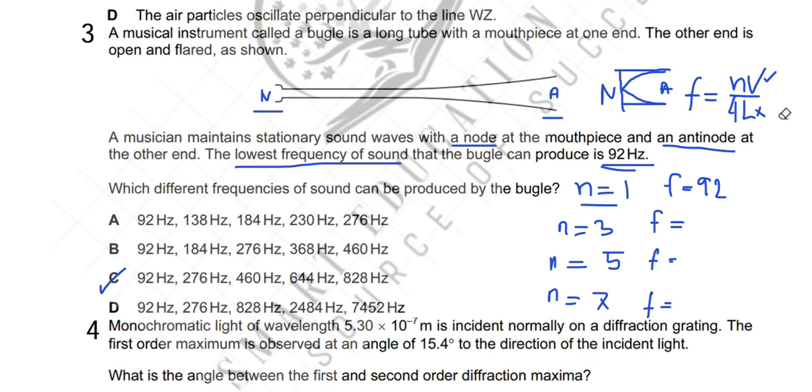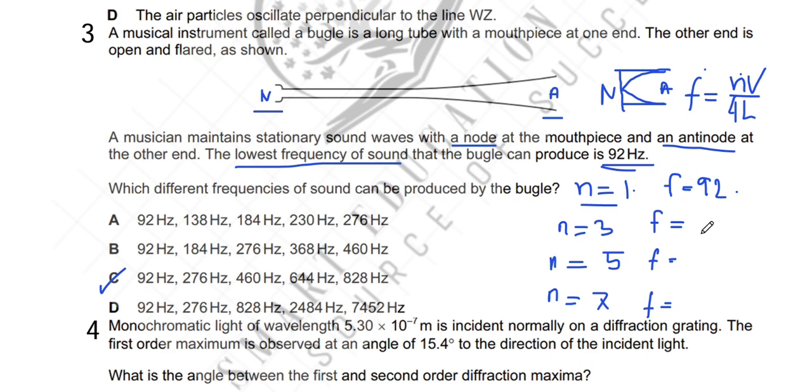The length of the tube would be the same for all of them, so we can avoid the L values and the 4 values. We can just compare between n and f, because we can see that frequency and the n value are directly proportional to each other. So we can just simply use the unitary method. When n is 1, the frequency is 92. So when n is 3, what would be the frequency?